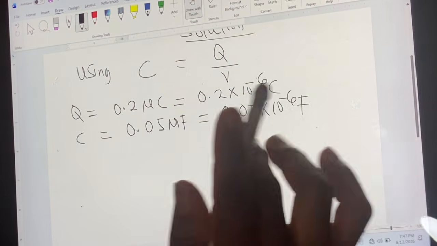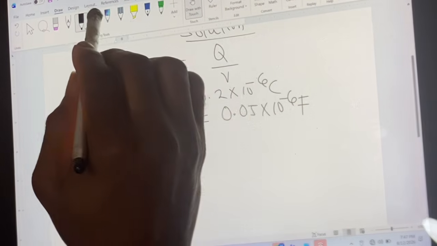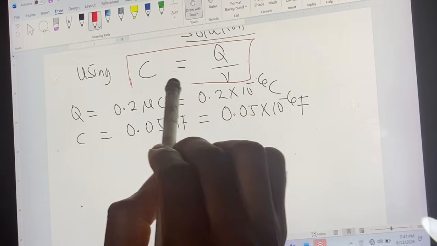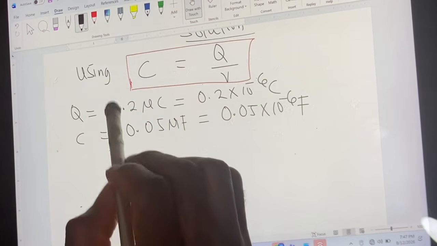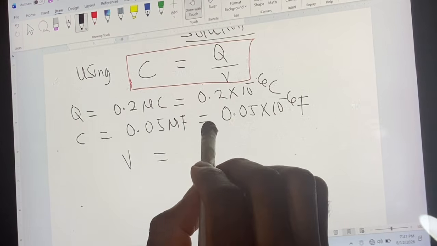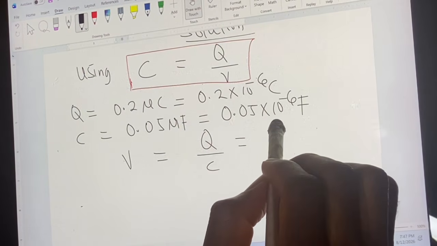All right, now let's make potential difference the subject of the formula. When you do that, V will be equal to Q over C. Let's replace the values.